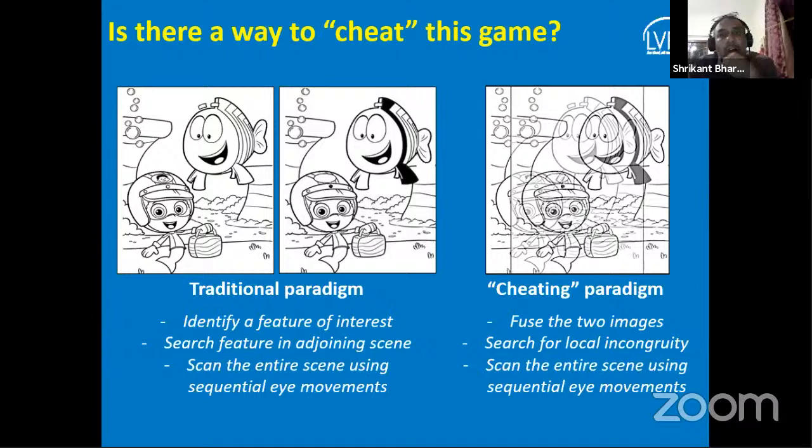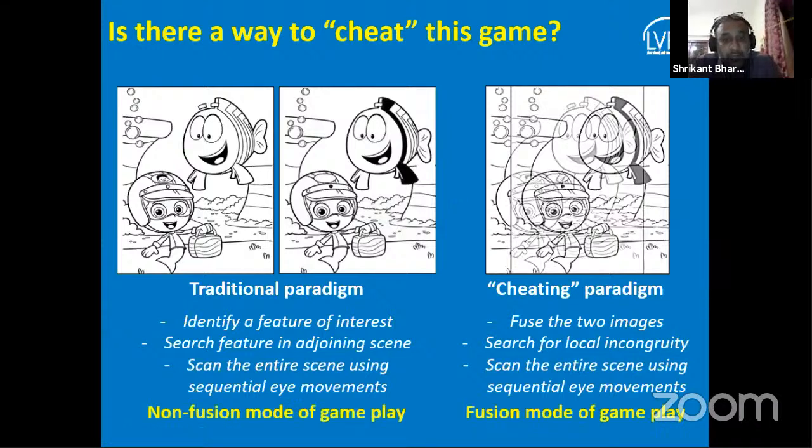Now, what we are going to do in the rest of this talk is compare the game performance if you were to play it the traditional way and if you were to play it with the cheating paradigm. In the cheating paradigm, we are going to call that the fusion mode of gameplay, because we have fused the two images into a single cyclopean percept.